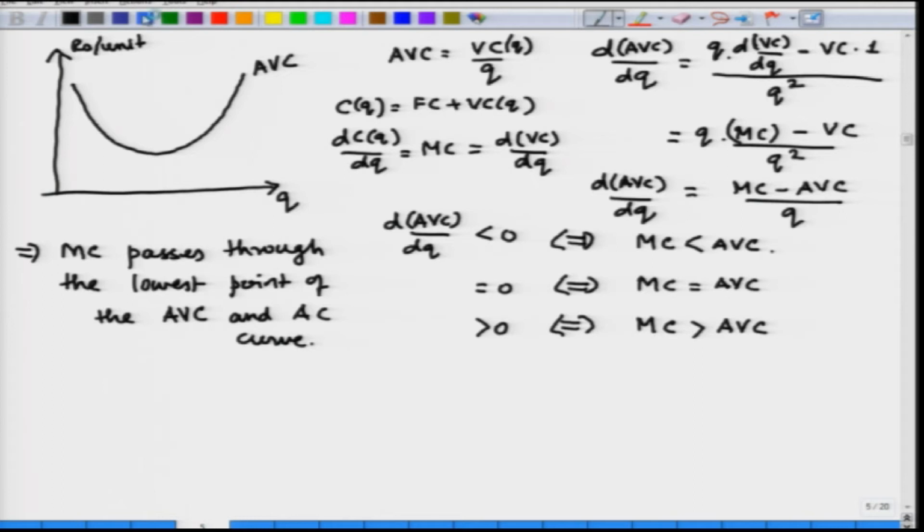So, combined, the marginal cost curve would be something like this. It passes through the lowest point of the average variable cost curve, and if I draw an average cost curve here, the marginal cost curve also passes through the lowest point of the average cost curve.